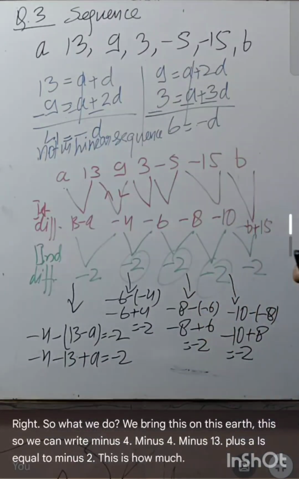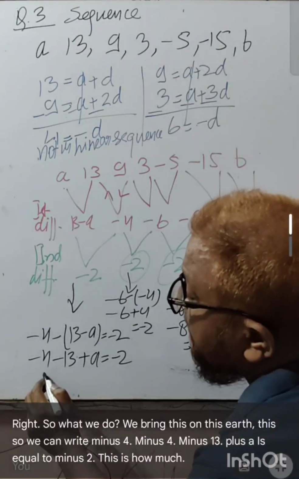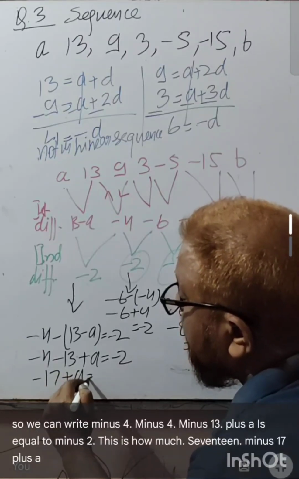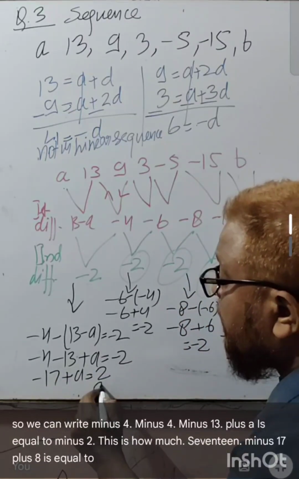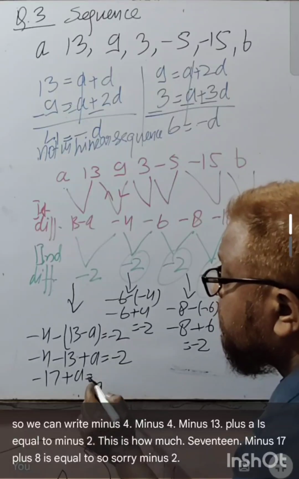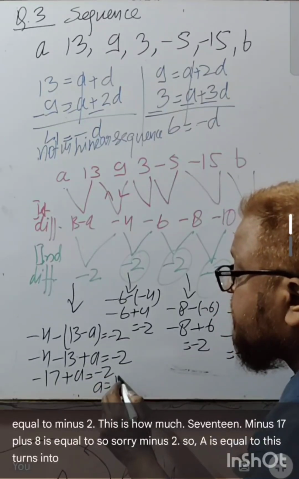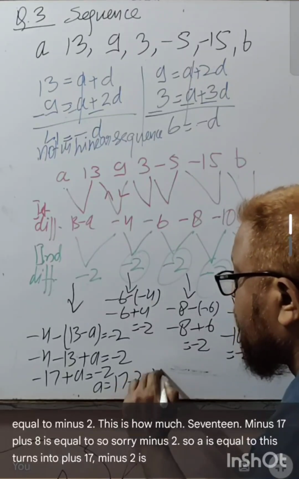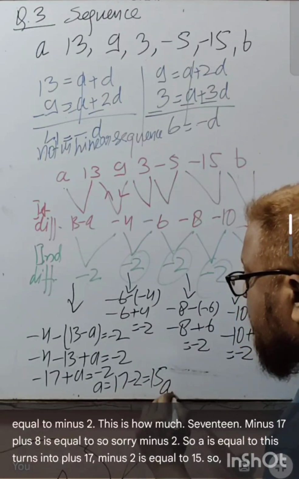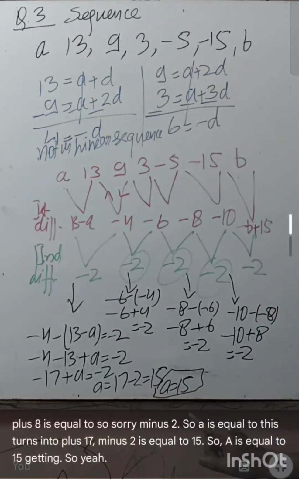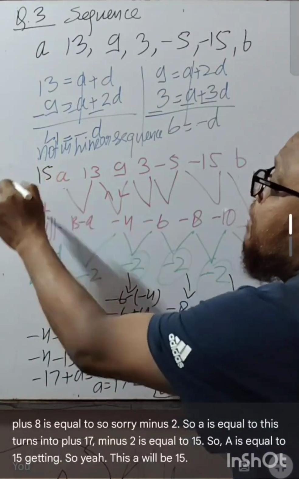This is how much? 17. Minus 17 plus A is equal to -2. So A is equal to plus 17 minus 2, which is 15. So A is equal to 15. Getting? Shreya? This A will be 15, right?